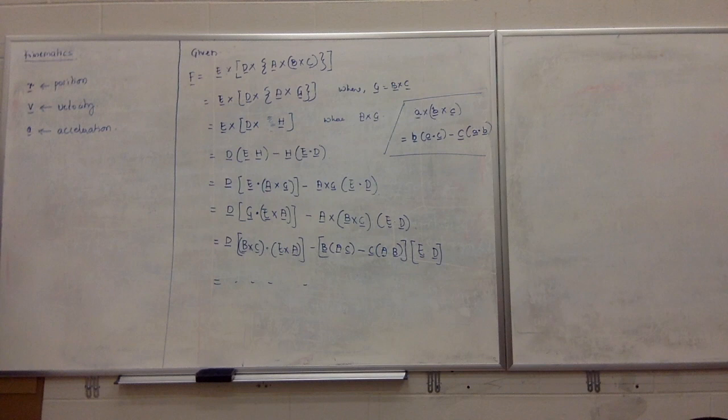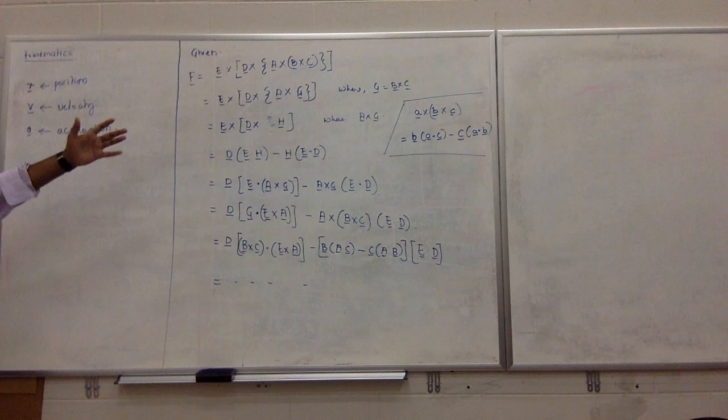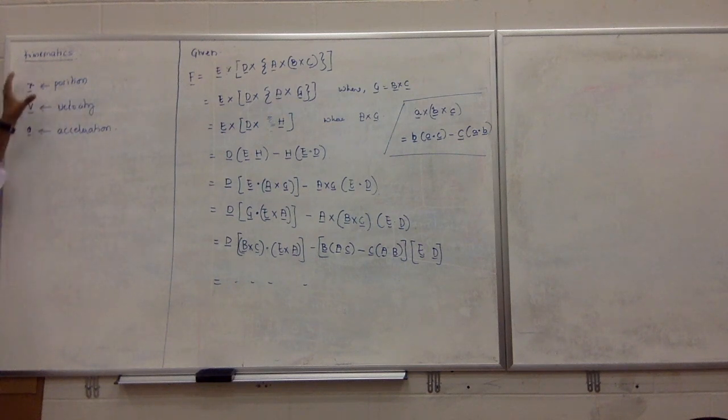You see why vector manipulation is so important? It doesn't have value if you don't study these as vectors. And if you don't have the vector background on how to manipulate vectors, what does dot product mean? What does cross product mean? You will not understand it.